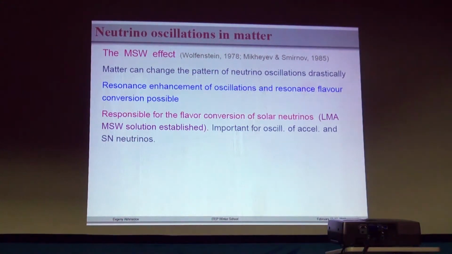And the solution of this solar neutrino problem turned out to be the so-called large mixing angle MSW effect. It was established in a series of very beautiful experiments. It was not immediate that people found out that this is the solution. There were other competitors to this solution, other suggestions. And it turned out that the true one is the resonant neutrino oscillations in matter.